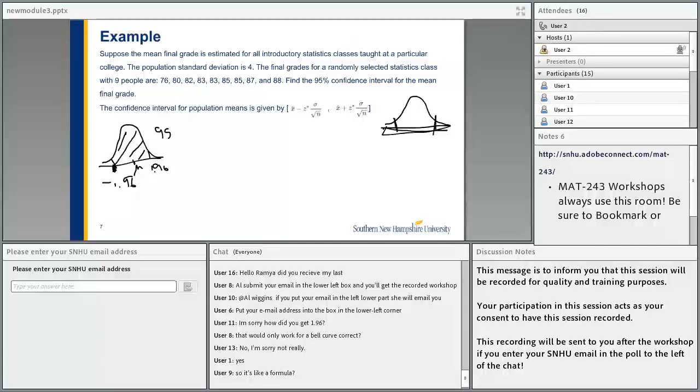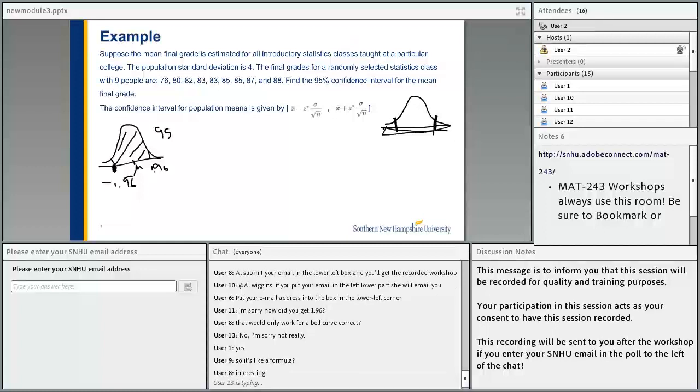If I mark off 2 points such that the area under my curve is 95%, or say 0.95, then these two endpoints would be negative 1.96 and positive 1.96. For 90%, it will be different, it will be 1.6. So then you are marking off two endpoints such that the area under the curve is 0.90.